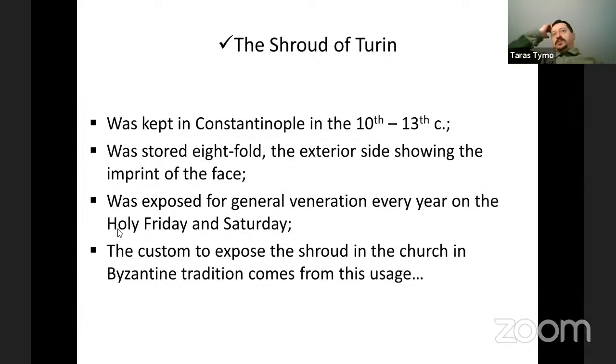And the custom to expose the shroud in the church, as you know, in Byzantine tradition, we expose the shroud on Holy Friday in the church, and it stays till the end of the day of Saturday. That custom in Byzantine tradition comes from this original usage in Constantinople.